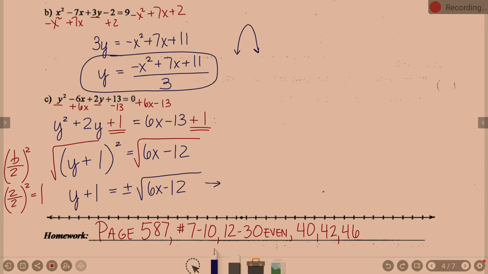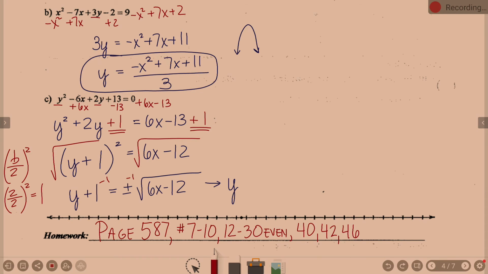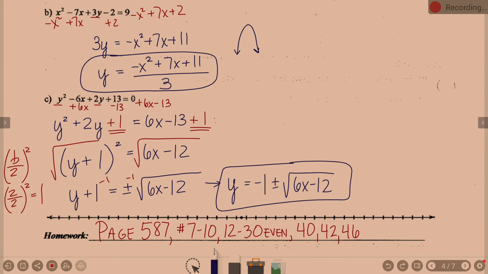And then, of course, you subtract the 1 over. And I have y equals -1 plus or minus the square root of 6x minus 12. Like example A, you're going to have to type this into 2 places.